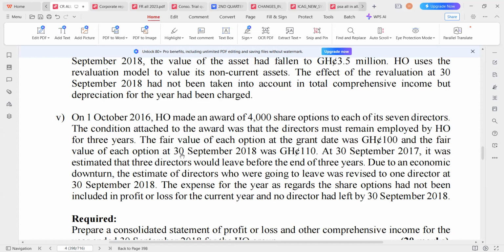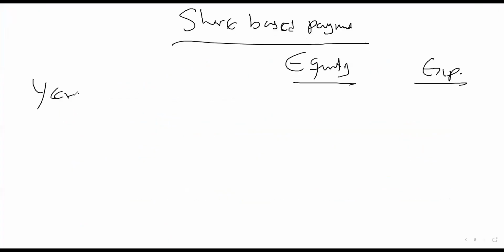As at 30th September, it was estimated that 3 directors will leave. So if there are 7 and 3 will leave, how many people will stay? We are 7 in number, and 3 will leave. 4 will stay.